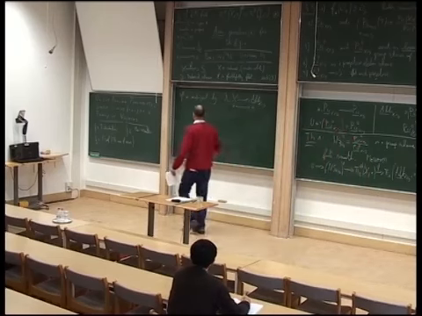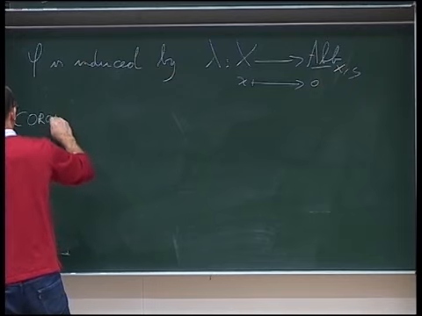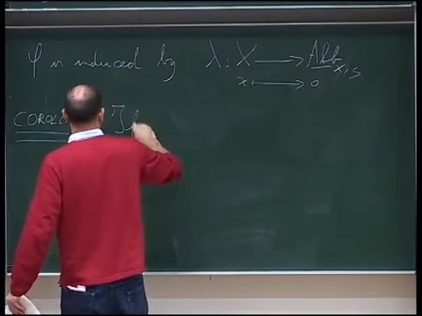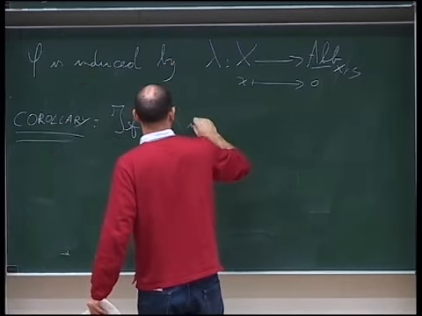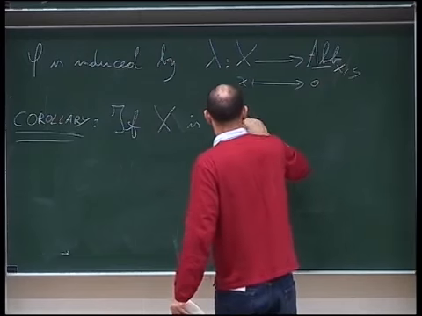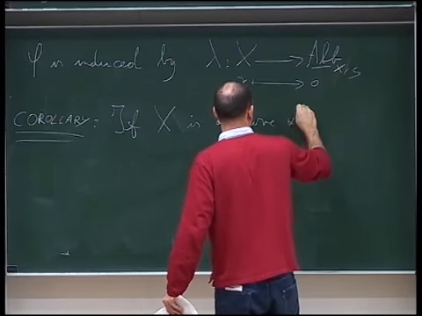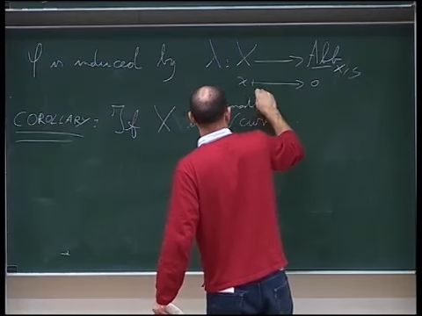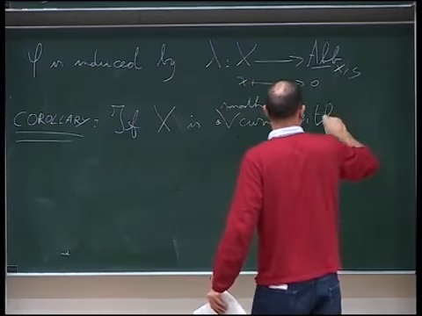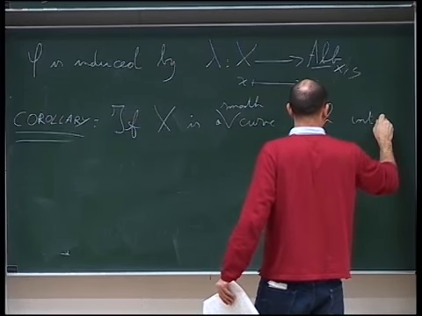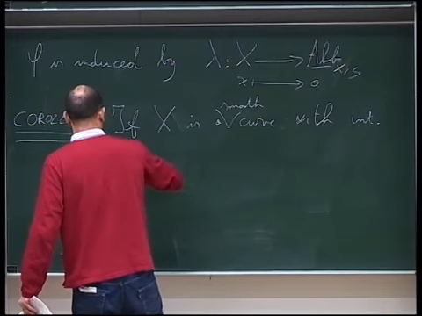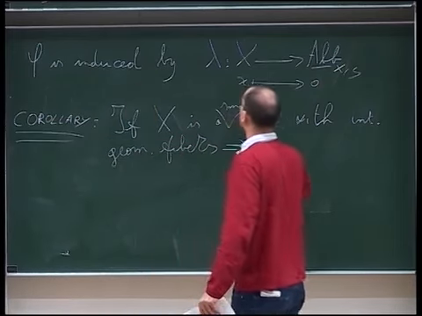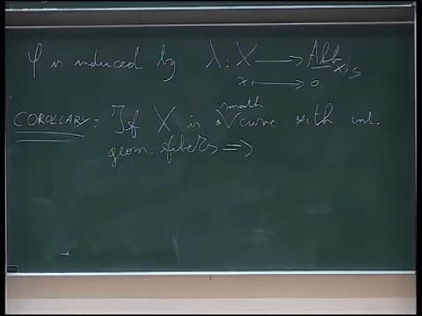As a corollary, if X is a smooth curve with integral geometrical fibers, then phi is actually an isomorphism.